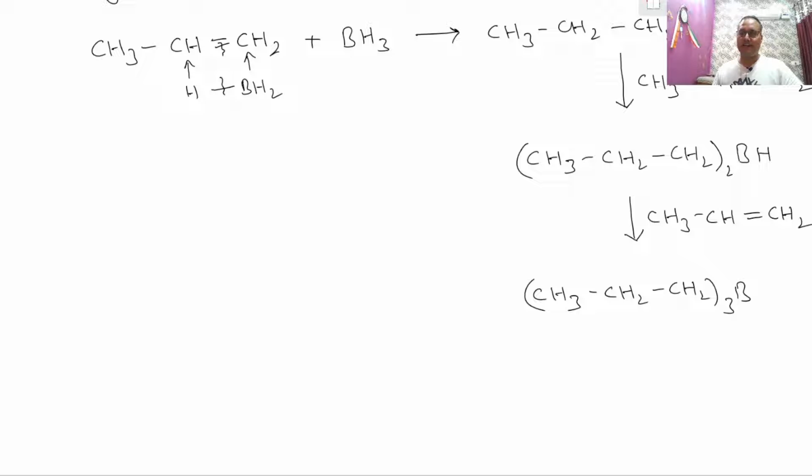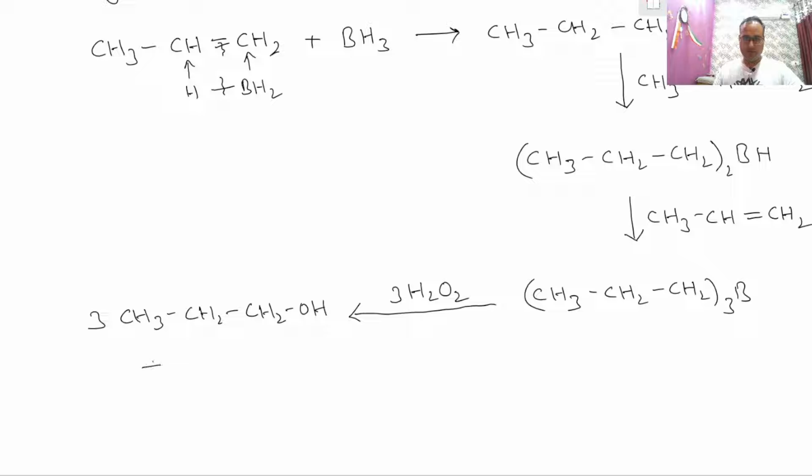This is hydroboration. Next step is the oxidation, which is carried out by using hydrogen peroxide, that is H2O2. So in this reaction we will be requiring 3 molecules of H2O2, which reacts with this compound and leads to the formation of 3 molecules of the alcohol CH3CH2CH2OH plus the side product boric acid, B(OH) whole thrice, or we can write it as H3BO3.